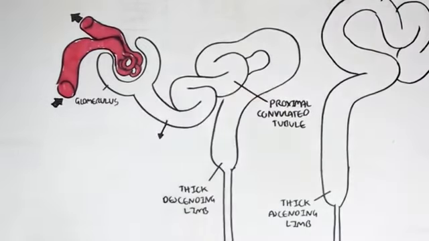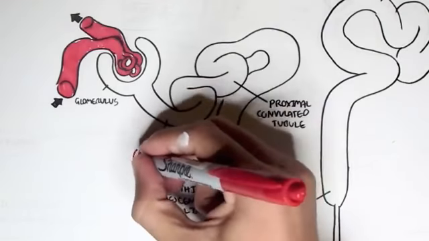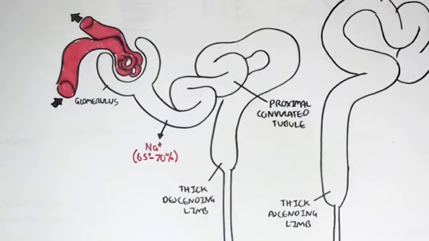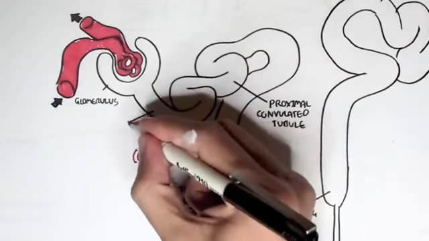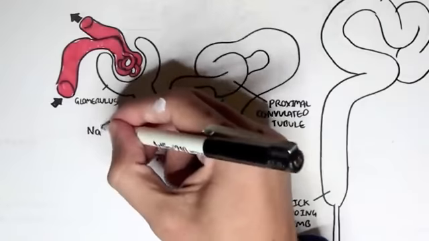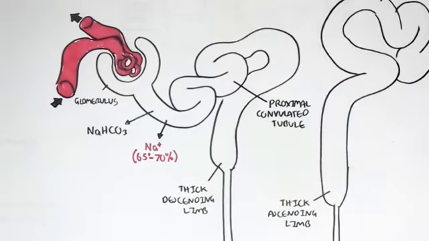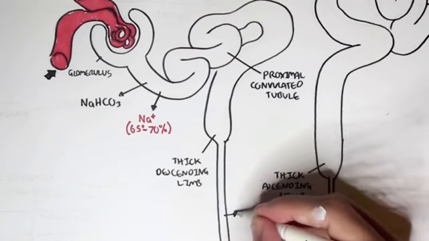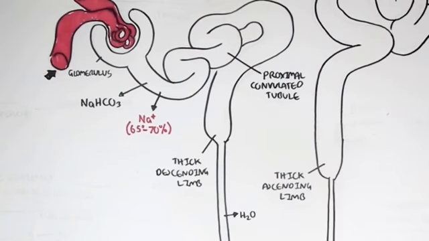For example, the main site of sodium reabsorption is in the proximal convoluted tubules, where approximately 65 to 70% is absorbed. Sodium bicarbonate can also be absorbed in the proximal convoluted tubules. Water is reabsorbed within the descending limb.